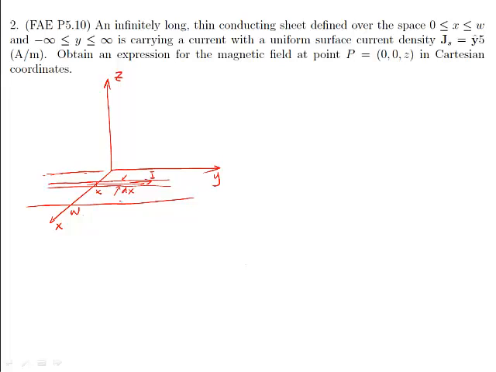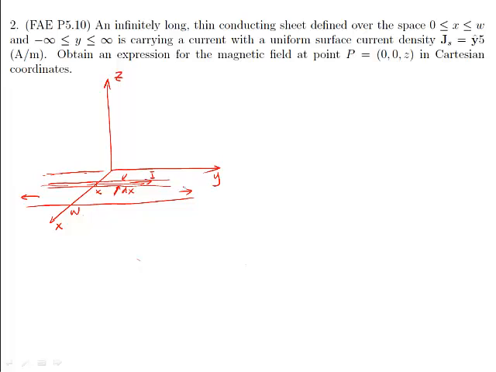We know that in this problem the current is distributed over a plane that extends infinitely to the negative y direction and also to the positive y direction. If we pick a filament of current, in other words, we take a very thin slice along the x direction, I would have an infinitely long line current.